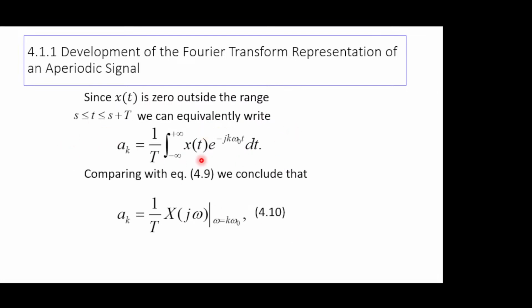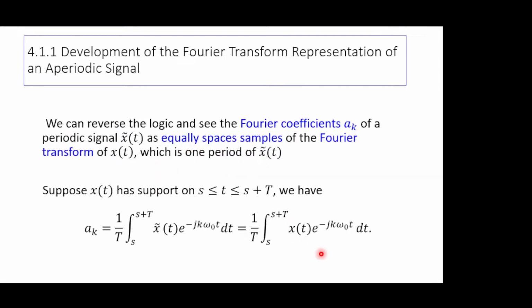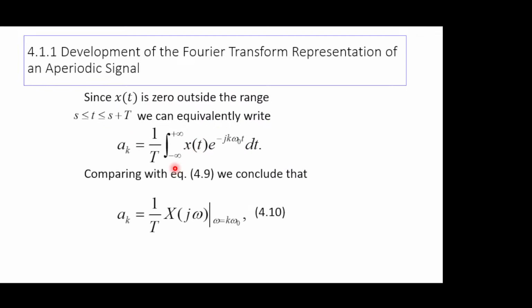And because for x of t everything outside of one period is 0, you can change the integration from just one period to minus infinity to plus infinity. So a_k equals this integral from minus infinity to plus infinity of x of t e to the minus jk omega naught t.